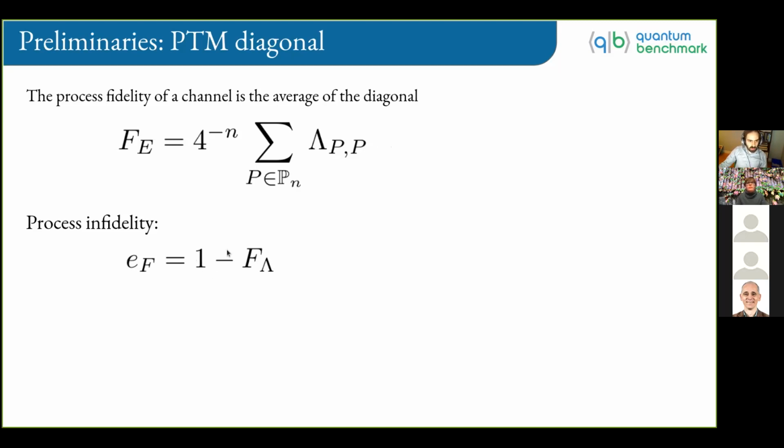This is a really popular method of computing the error of a channel, partly because it's experimentally tractable to measure in many situations, and also because it's easy to compute. There are a number of reasons why people like this process infidelity. And operationally, you can think about it as the probability of an error on average.